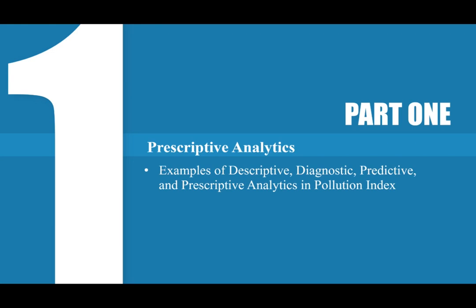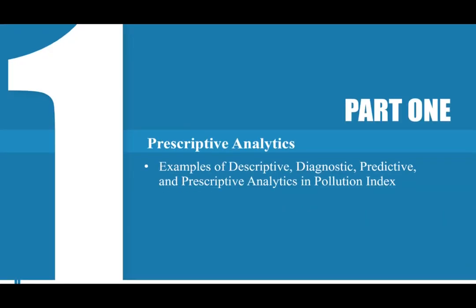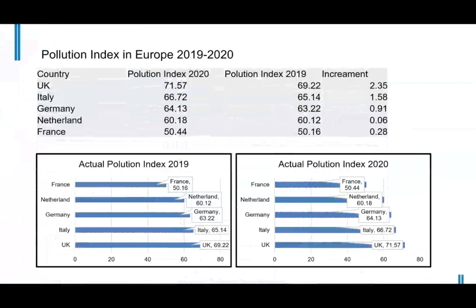So let's start with 5 countries, and you will collect the pollution index from the World Health Organization and the World Bank, and let's assume that you are trying to collect data about 2019 and 2020. Let's assume that you have this table. So you will have your Excel spreadsheet. You have the first column for the countries, top 5 in terms of the pollution index.